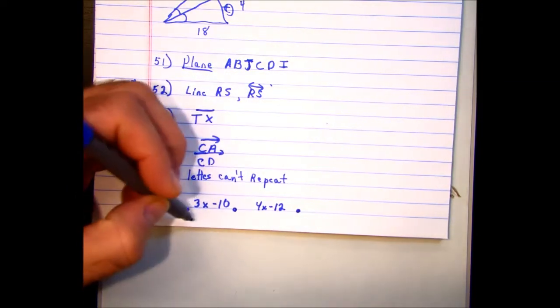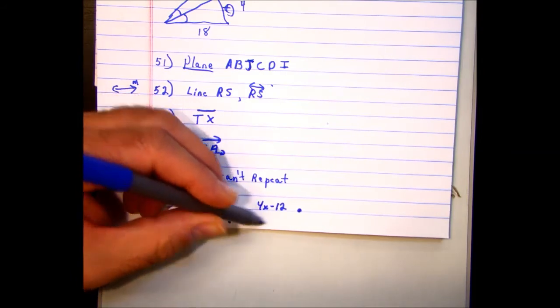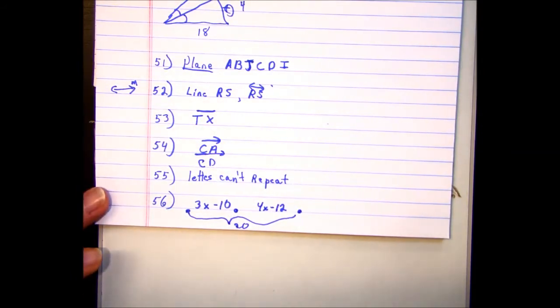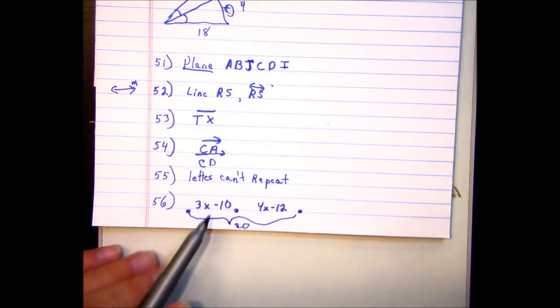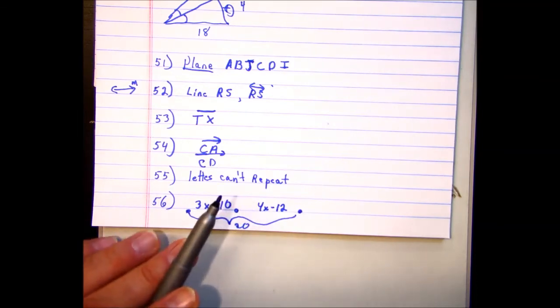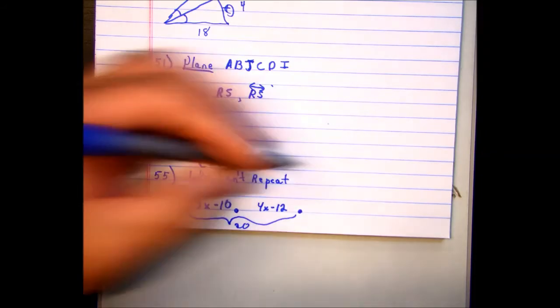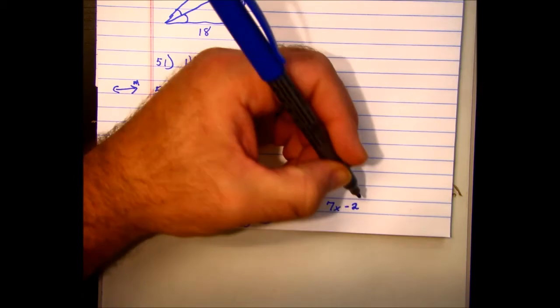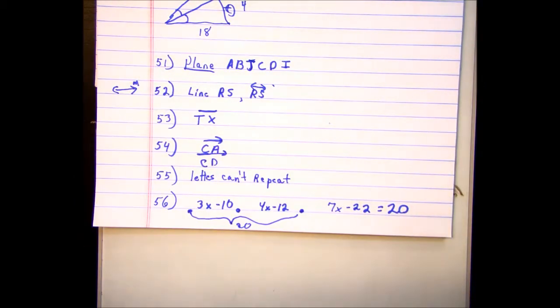But it says that the distance from here to here is 20. And again, we get to the possibility where one thing is next to the other. That means you add them. So this becomes 7x minus 22 equals 20. And then you use your mad algebra skills to solve.